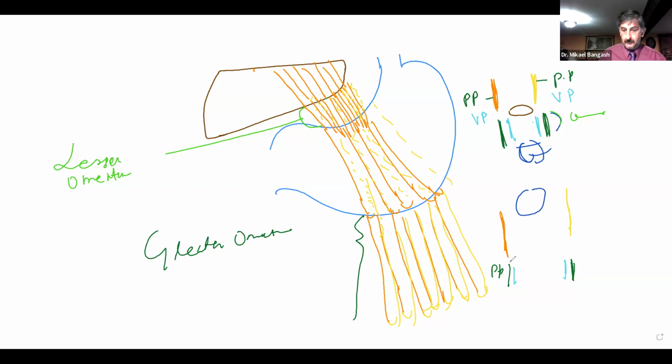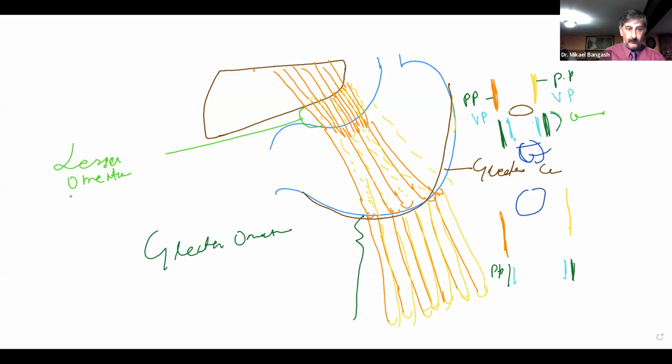Did that make sense? So this is going to be another layer of omentum, but we call this one the greater omentum. And the curvature of your stomach here is the greater curvature.